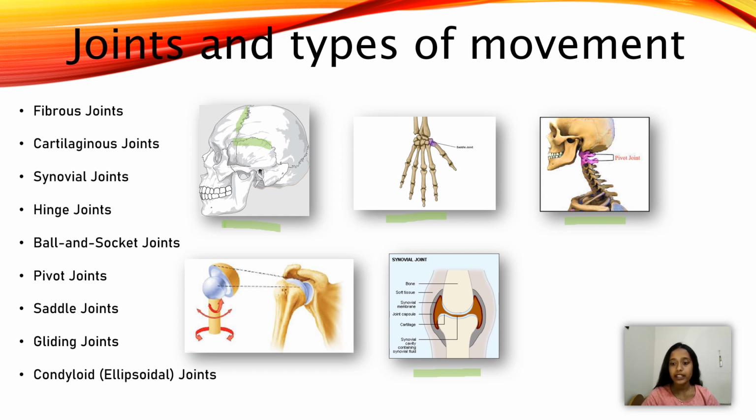It provides smooth movement between the two bones. And then we have the ball and socket joint. The ball and socket joint is usually present in the pectoral girdle or the pelvic girdle, in the articulation between the shoulder and the scapula. They provide the movement accordingly.